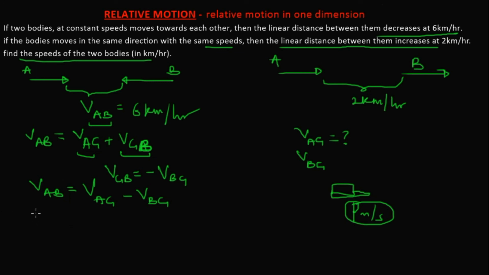That means the relative velocity will be VAG minus minus VBG, which is the same thing as positive VAG plus VBG, which is given as 6 kilometers per hour. Let's call this equation 1.